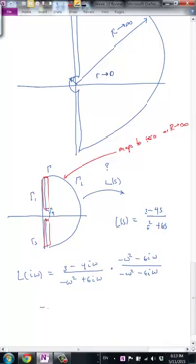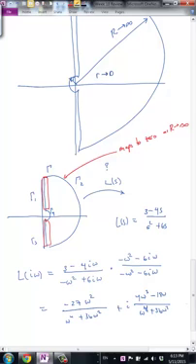And a little bit of computation will show you that this is equal to minus 27 omega squared over omega to the fourth plus 36 omega squared, that's the real part, plus i times 4 omega cubed minus 18 omega over the same denominator, of course, omega to the fourth plus 36 omega squared.